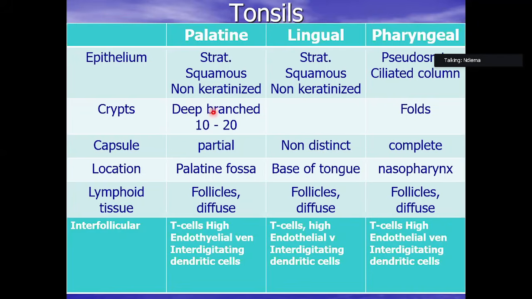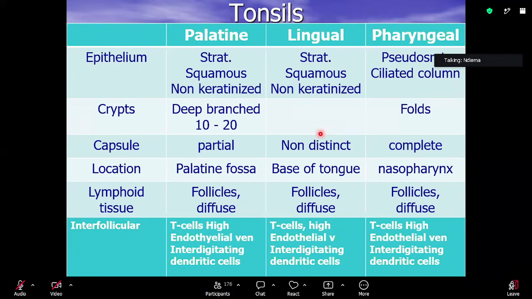Therefore, these crypts allow adequate time for exposure for the antigen presenting cells to pick up the antigens and present them to the B lymphocytes and the T lymphocytes. The lingual tonsil does not have them as well developed, and the pharyngeal tonsils have them.